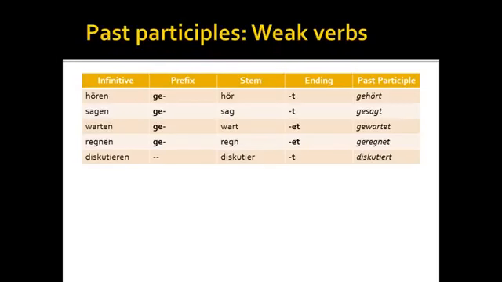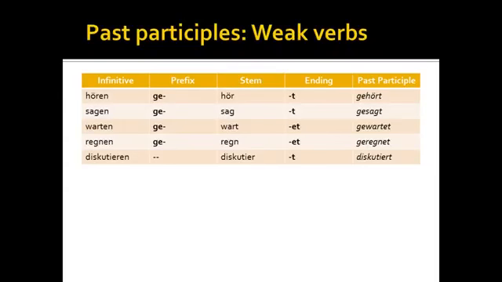Now you'll notice also that with verbs like diskutieren and fotografieren, any verb that has ieren in the root, we don't add a GE prefix to those. So if you need a quick review of that, go ahead and take a look at the video on how to form the present perfect tense using weak verbs.